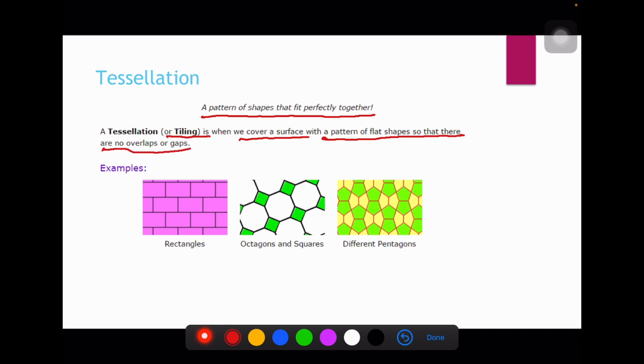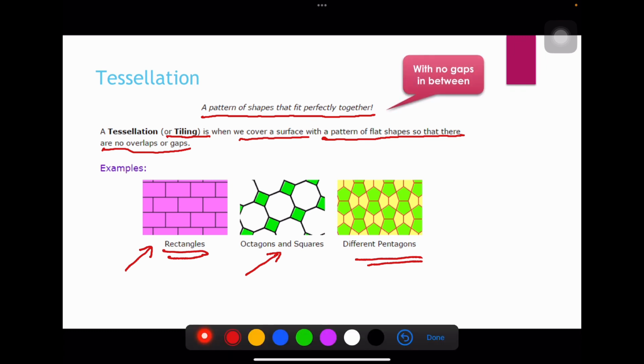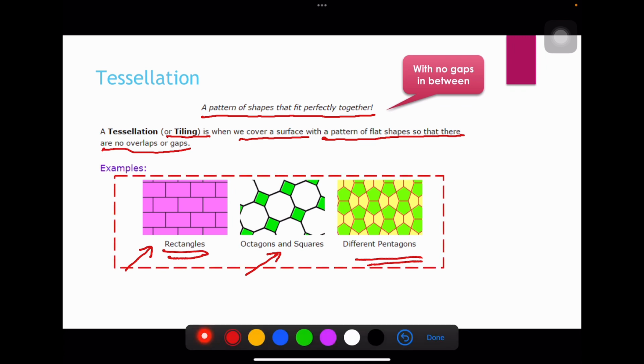So we can put all rectangles together. We can put all octagons and squares together. And then we can have different pentagon shapes and put them together. Remember, no gaps in between. These are all combinations of 2D shapes.